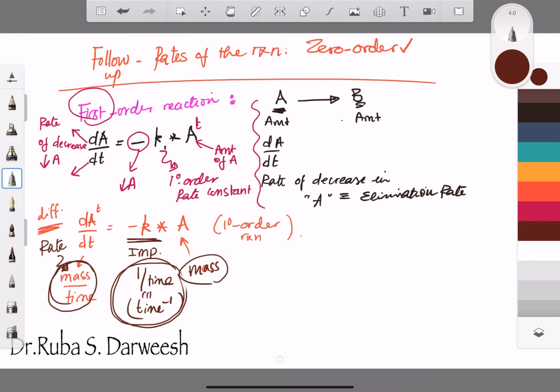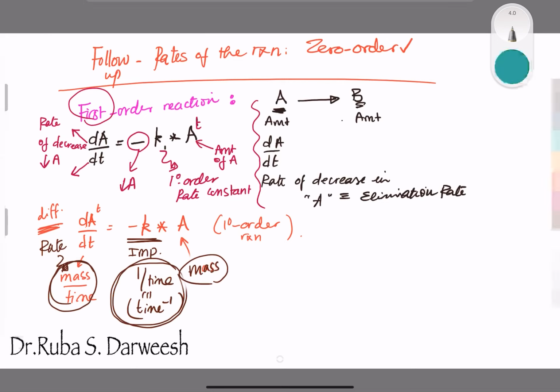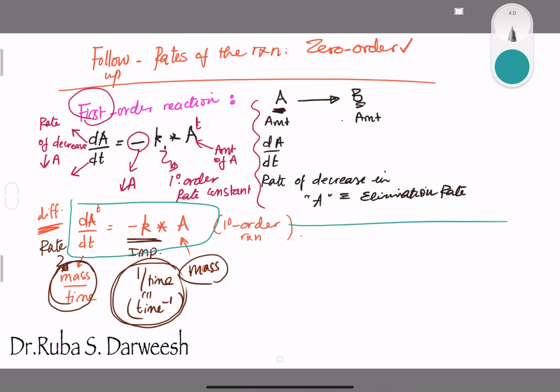Okay, if we are talking about what affects what in the first order reaction, let me rewrite it here: dA over dt equals, okay, we know again, this is the rate, this is the first order constant, and this is the amount.